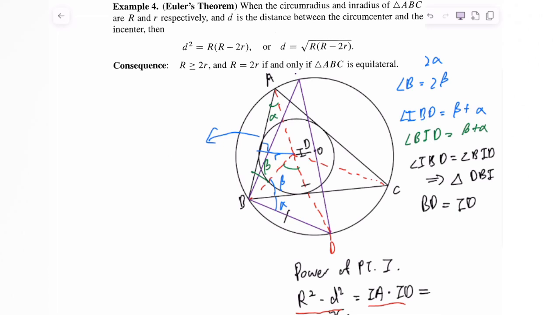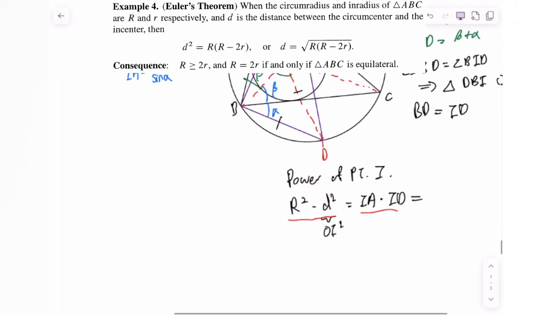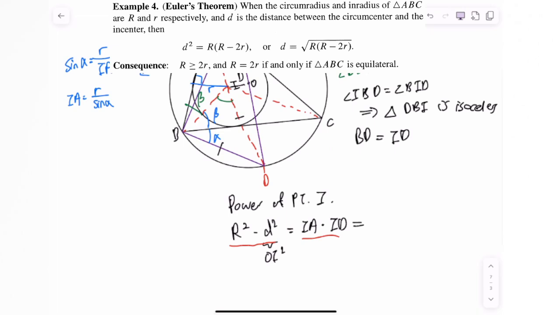Considering this triangle with a right angle here, we have sine alpha equals to O, which is r, over H, which is IA. So rearranging to get IA as subject, we get IA equals r over sine alpha. So IA is r over sine alpha.